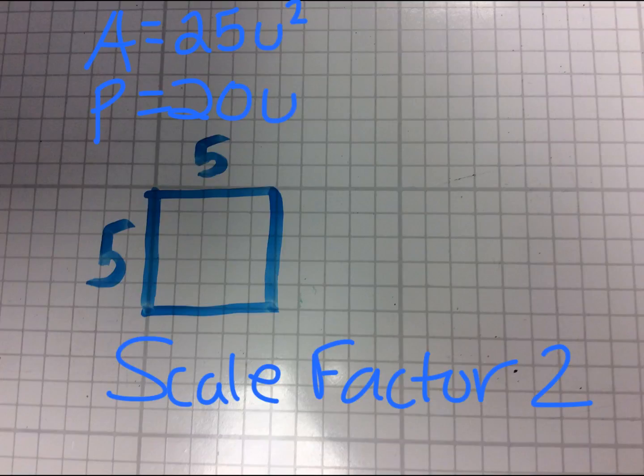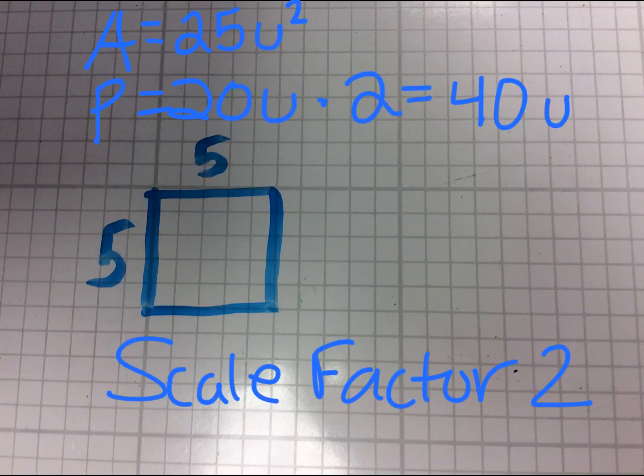So let's use the scale factor of 2, and let's enlarge it, but let's not redraw it. Let's actually look at the area and perimeter and figure out the new perimeter and the new area based on the scale factor. So if we take the scale factor of 2, all we need to do for perimeter is multiply 20 times 2, and that would give us the new perimeter of 40 units.